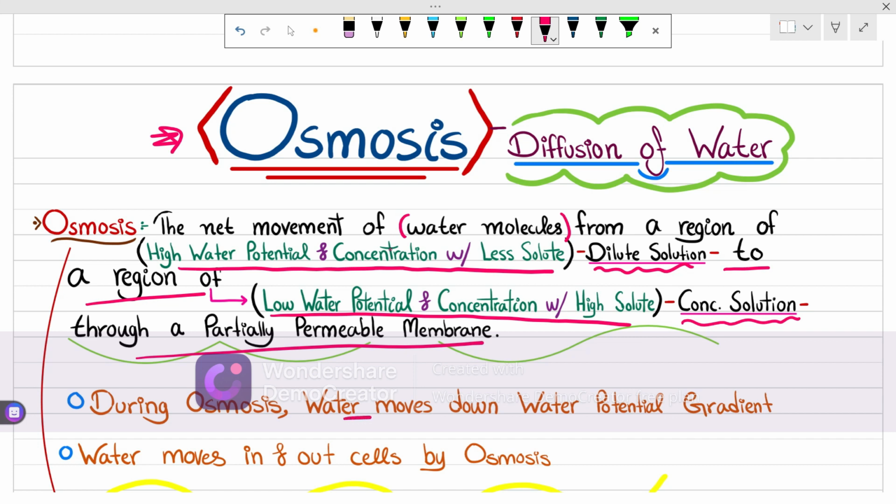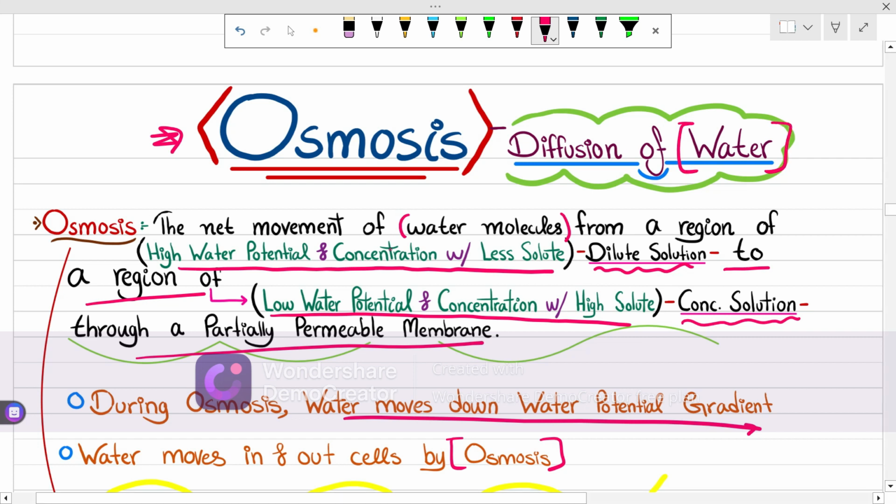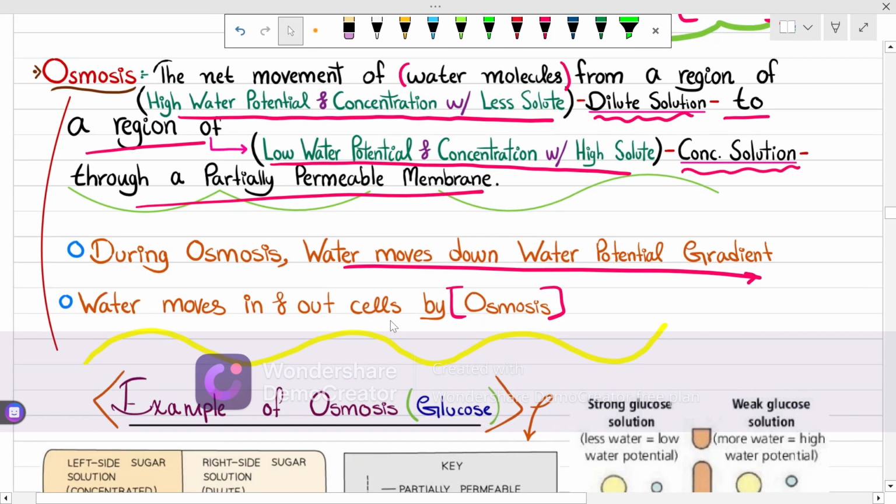During osmosis, water moves down the water potential gradient, and water moves in and out of cells by osmosis only. This is why we call it the diffusion of water. Diffusion, high to low gradient of water, moving down the water potential gradient from dilute to concentrated solution, high water potential to low water potential.